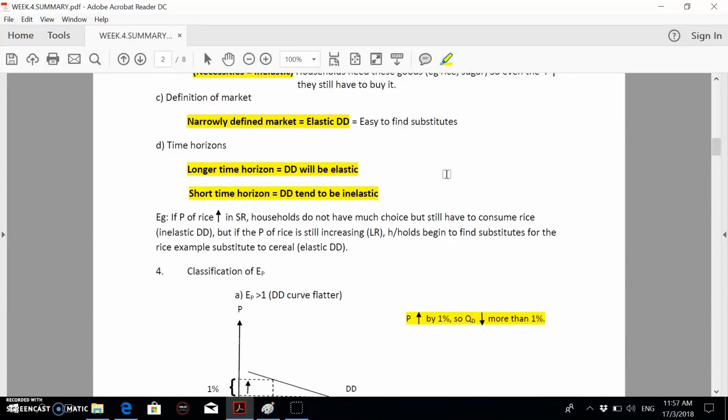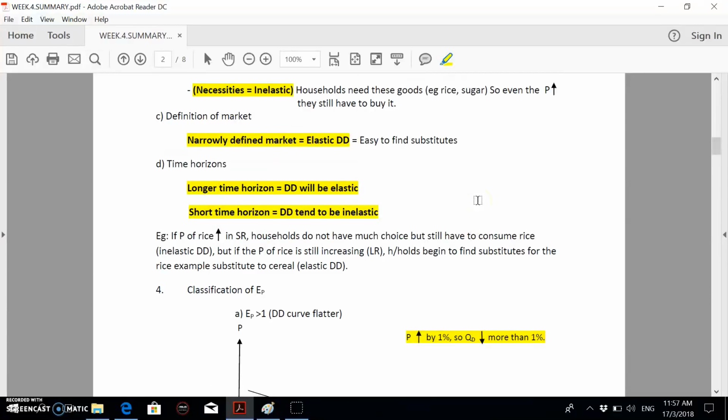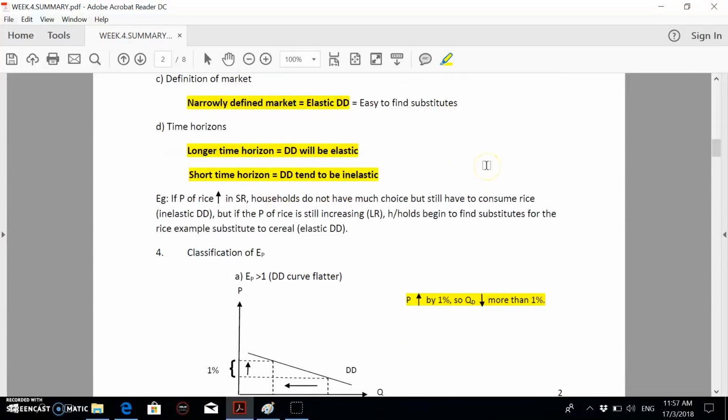And then in terms of the definition of the market, a more narrowly defined market means more elastic demand. Why? Because it's easy to find substitutes. And then in terms of time horizon, the longer the time horizon, the more elastic the demand. In a short time horizon, demand tends to be inelastic. For example, let's say the price of rice increases in the short run.